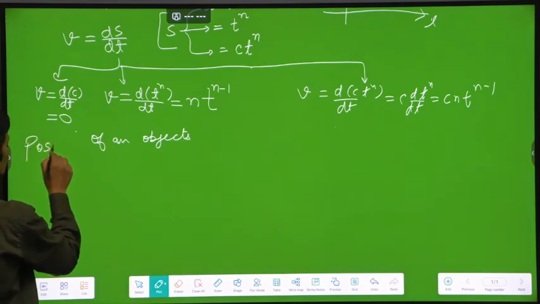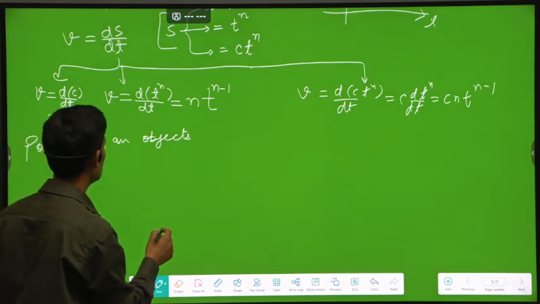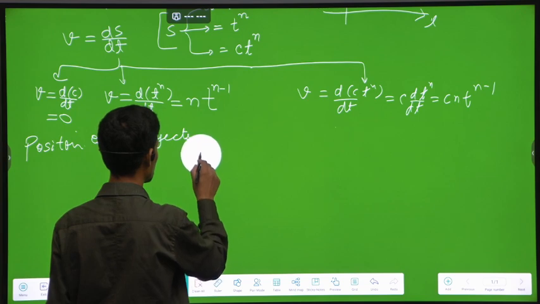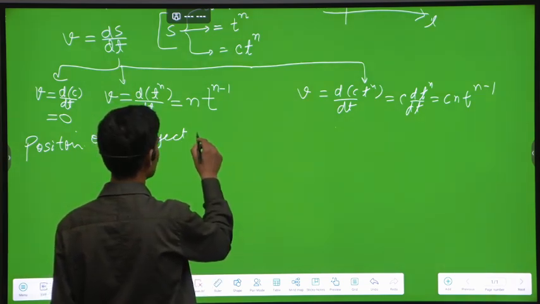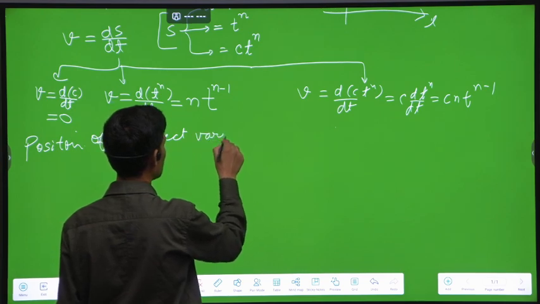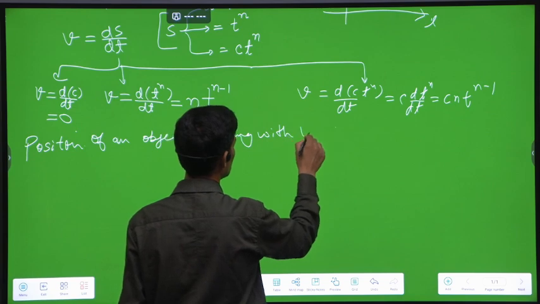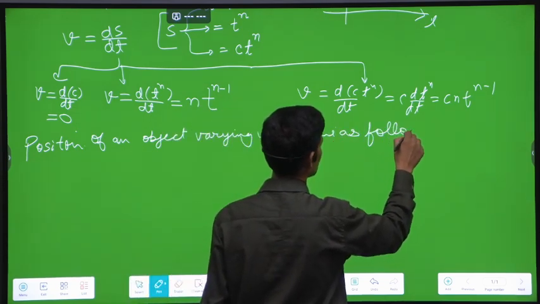Position of an object varying with time as follows.